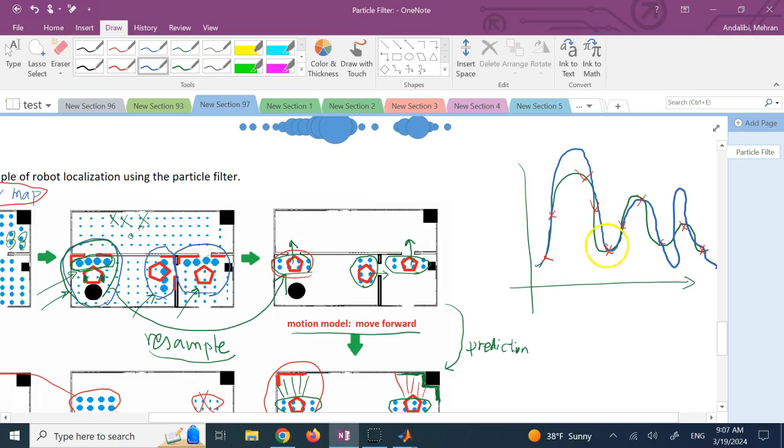So if I want to approximate this at each step, I still need to have a sufficient number of what? Particles.